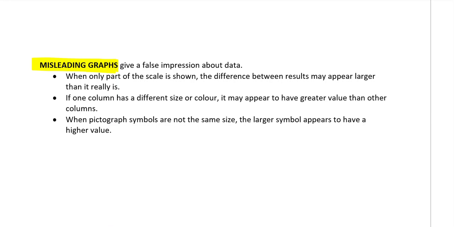So this happens a lot. So instead of starting at 0 and then counting up and using a proper scale, they might, if I was talking about house prices, for example, they might start the scale at 500,000, and then it makes it look like the prices vary a lot more because they seem a lot more spread out. Does that make sense?